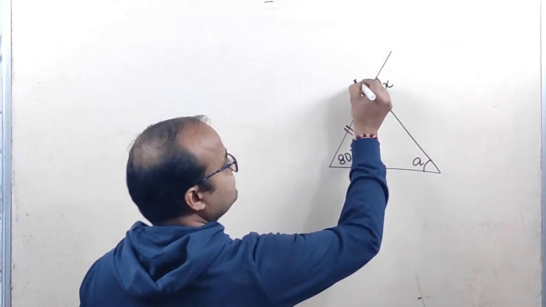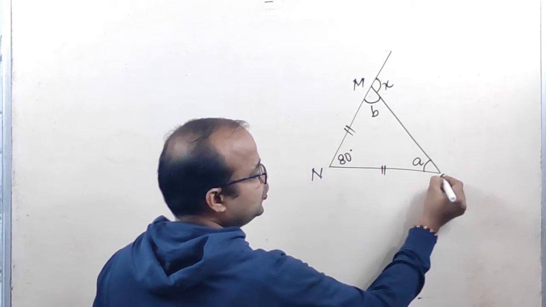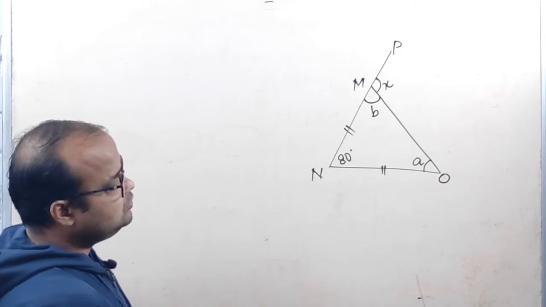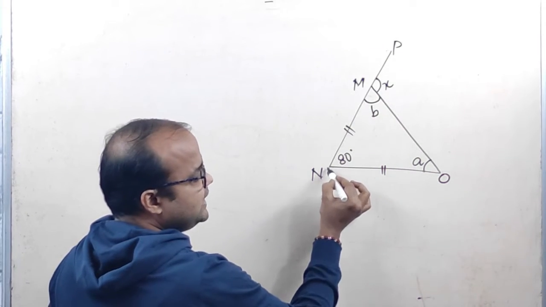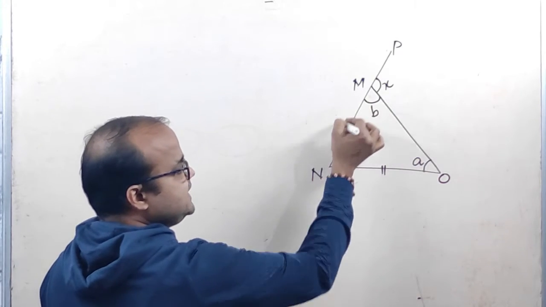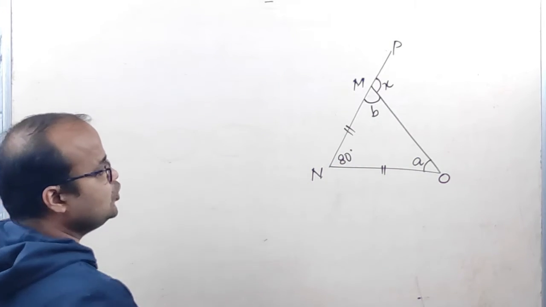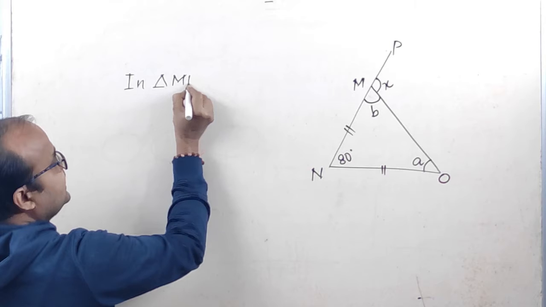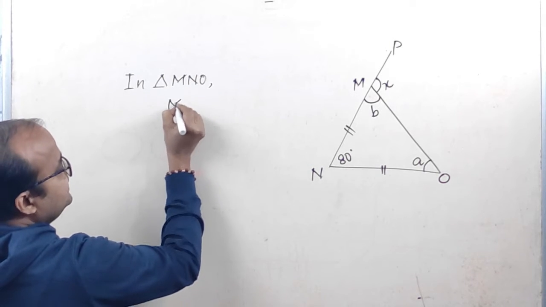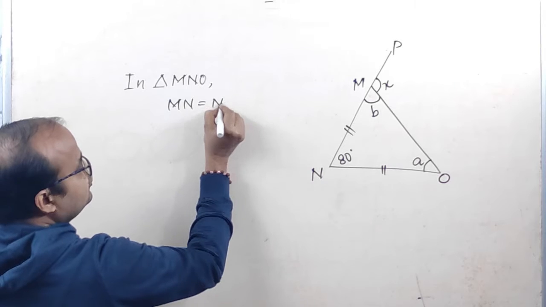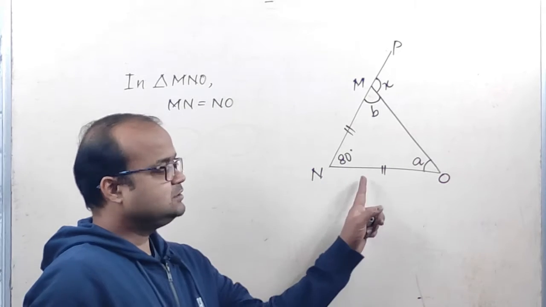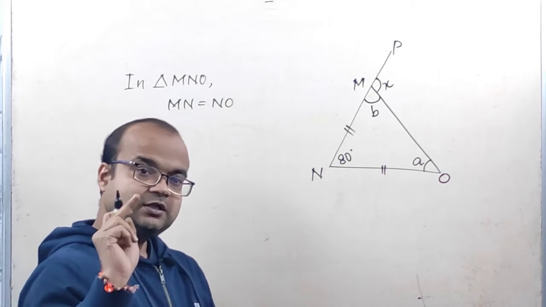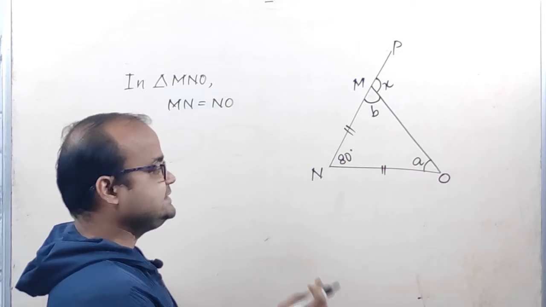So we name it as M, N, O and this point as P. Now in triangle MNO, side MN is equal to side NO. So we can say that in triangle MNO, MN equals NO. That means this is an isosceles triangle, and in an isosceles triangle angles opposite to equal sides are equal.